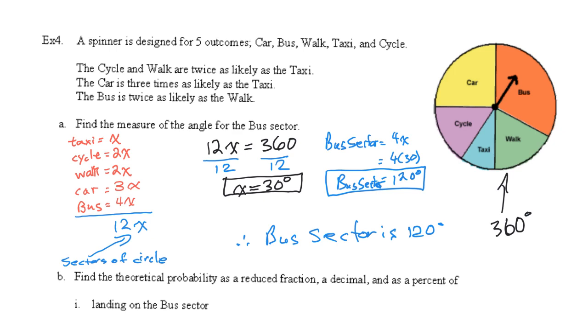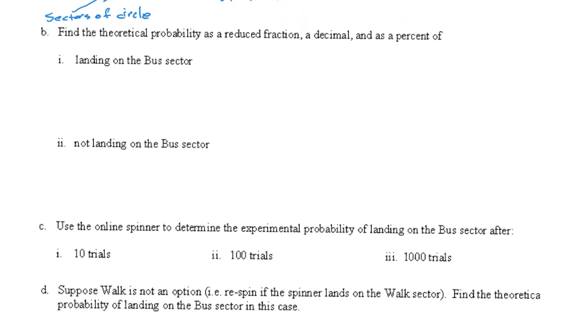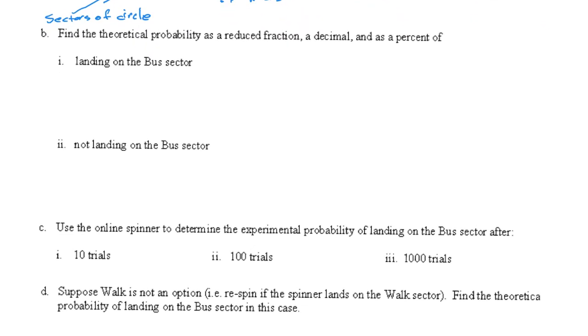Okay, now let's take a look at the next problem. It says, find the theoretical probability, as a reduced fraction, a decimal, and a percent, of landing on the bus sector. So let's say I want to calculate the probability of the bus.